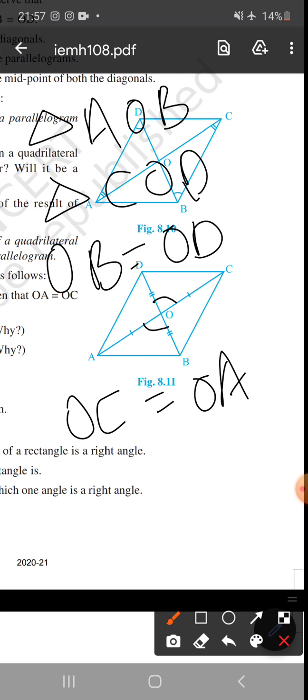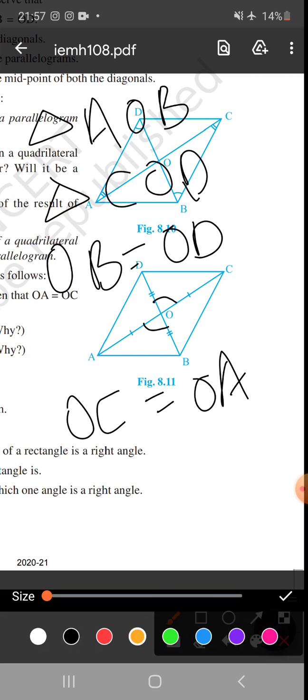And if these two triangles are congruent, we can say that this angle will be equal to this angle. And we can also see that these are the two alternate interior angles formed by the transversal. These are equal, then line DC and line BA will be parallel.